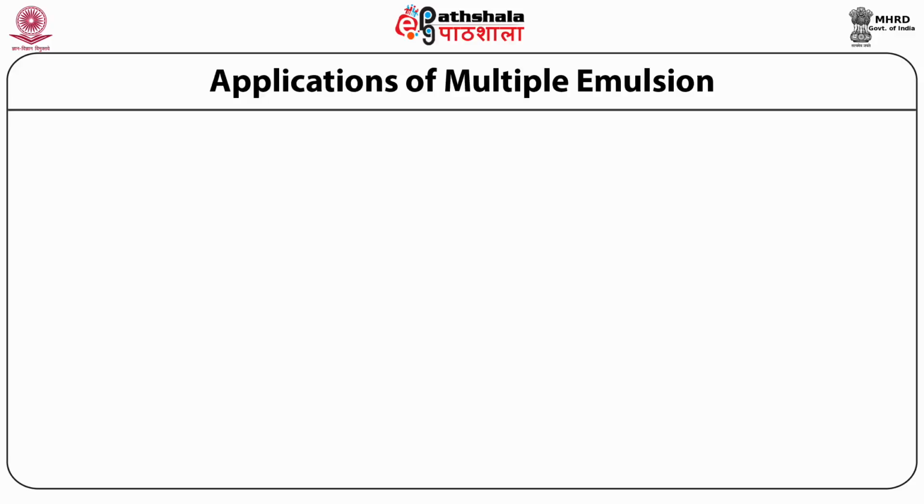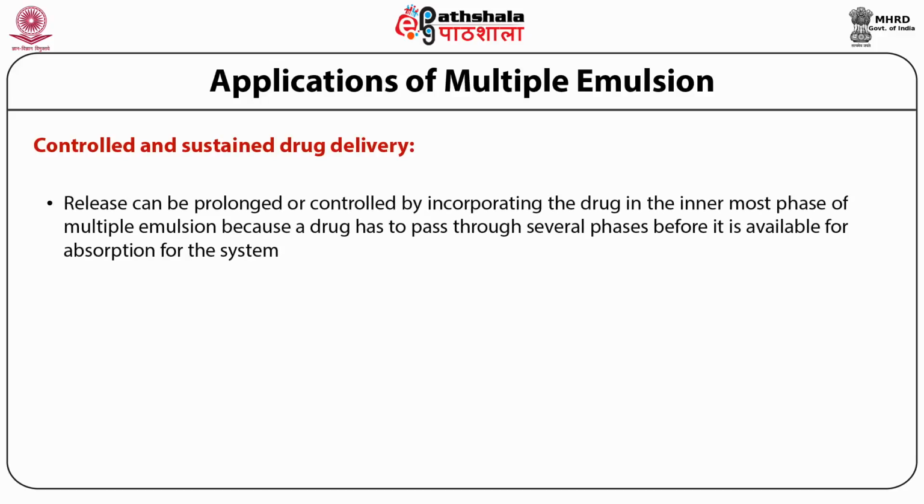Applications of multiple emulsion systems. Multiple emulsions are used in different areas of therapeutics, which are given below. First, controlled and sustained drug delivery. The release of the drug from the multiple emulsion can be prolonged or controlled by incorporating the drug in the innermost phase of the multiple emulsion, because a drug has to pass through several phases before it is available for absorption by the system.